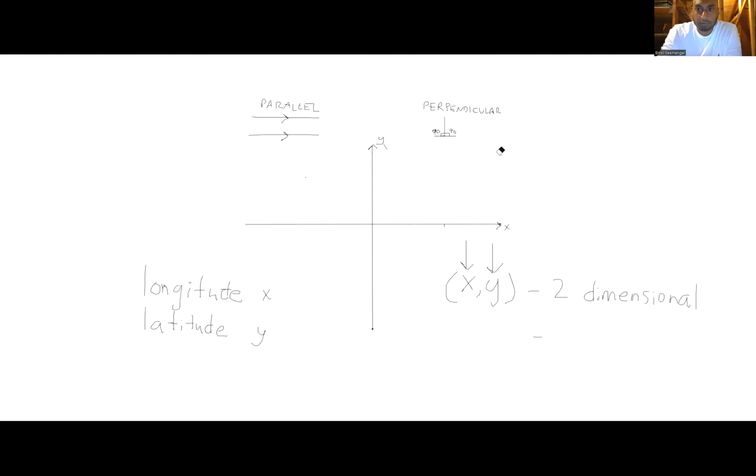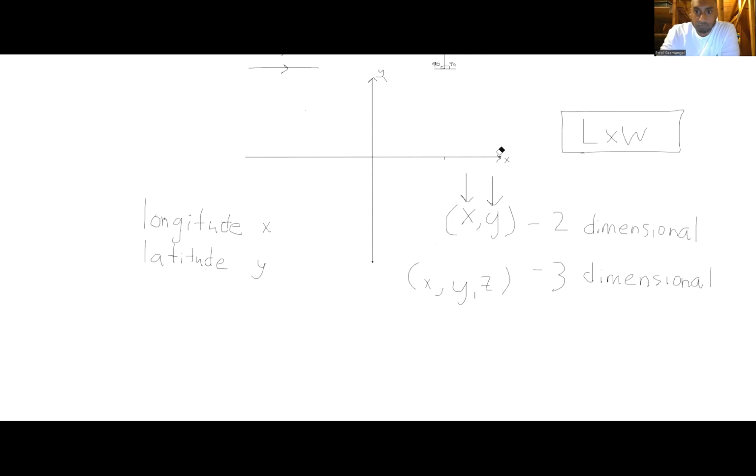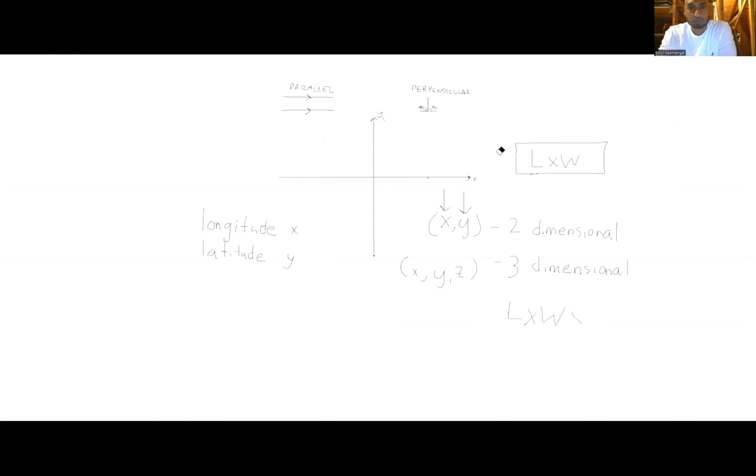Length and width, for example, like with rectangles or squares. Now we have something called three-dimensional. What are the variables in three-dimensional? X, comma, Y, comma, what? Z. Okay, so in two-dimensional, we have length and width. In three-dimensional, we have length times width times, what's the last one? Height. There's your three-dimensional.